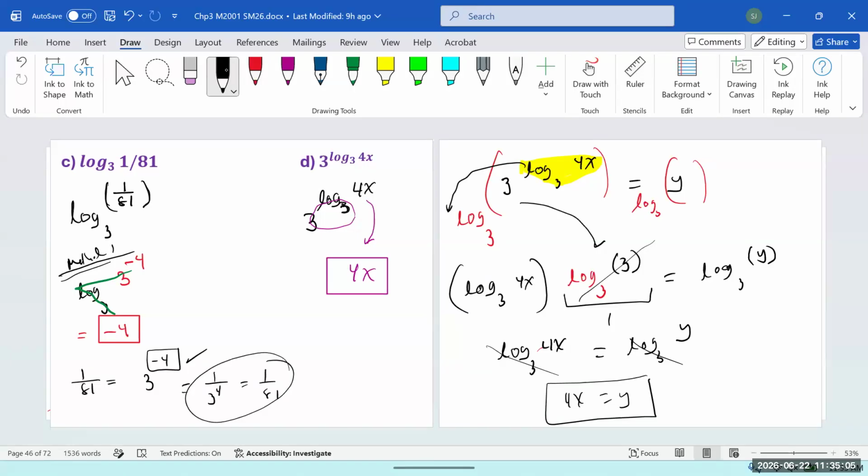The rule simply says when the number and the log base are the same, then everything cancels out: the log base 3 and the base, and the argument is the result. So this one. You have to memorize them if you don't want to know why they're true. Just memorize.